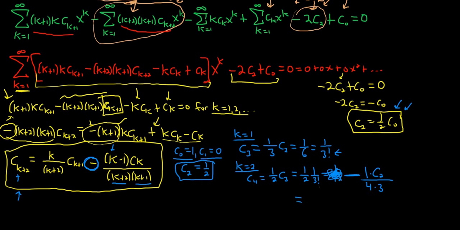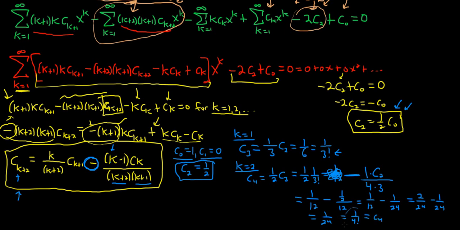So this is equal to 1 over 12 minus C2, which is 1/2, over 4 times 3, which is 12. So this is 1 over 12 minus 1 over 24, or 2 over 24 minus 1 over 24. So this is 1 over 24, which is 1 over 4 factorial, which feels a lot better than my incorrect answer. So this is C4.